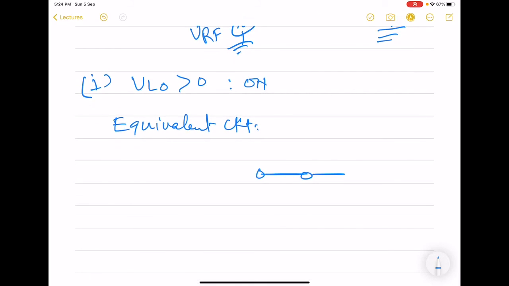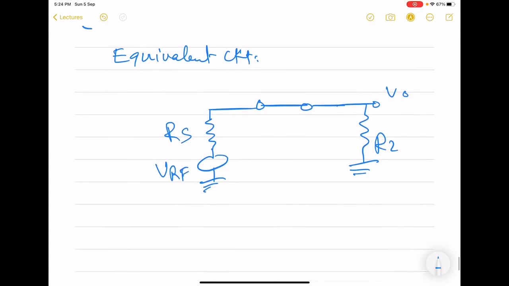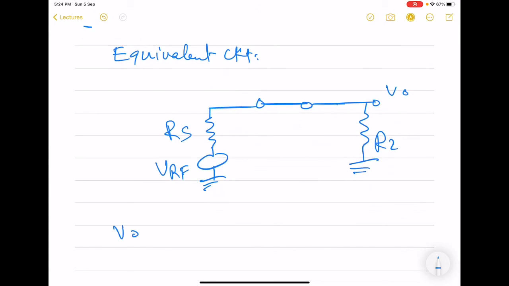So this is a MOS. Here we have RF. This is RS, and the load is here. So now we can see that output is no longer equal to RF, rather it is fraction of it because of the source resistance.